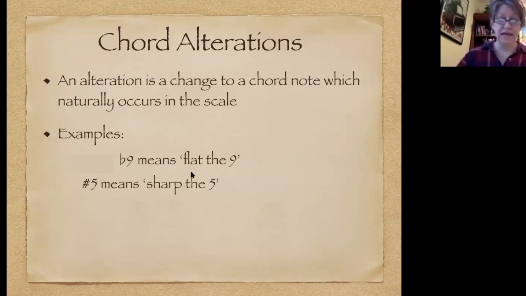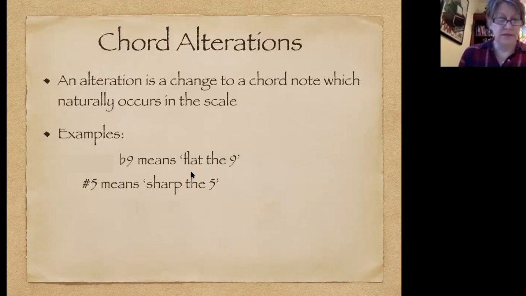So if you're playing that 9 note anywhere in the chord, if it was a C 11 flat 9 or something, then in your voicing, if you have a D anywhere in there, because the D is the ninth in the C scale, you would play a D flat instead of a D.